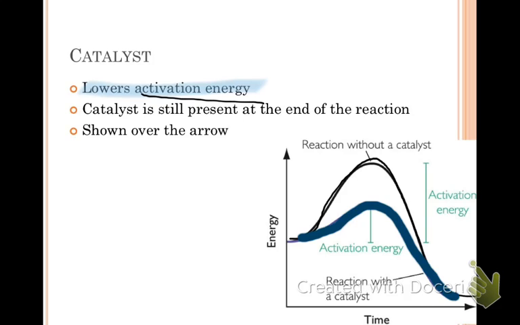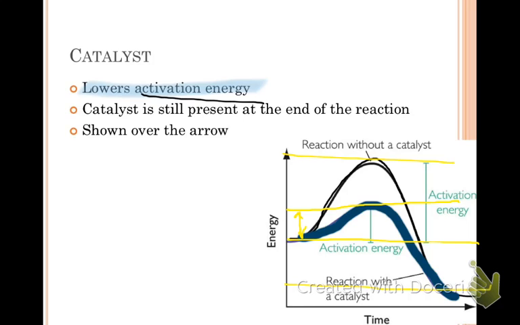So when we look at the reactants, this is the line for the reactants, this is the line for the products, this is the line for the activated complex. That catalyst lowers that activated complex, so there's less distance between the reactants and that activated complex. So really it takes less energy in order for this reaction to occur.